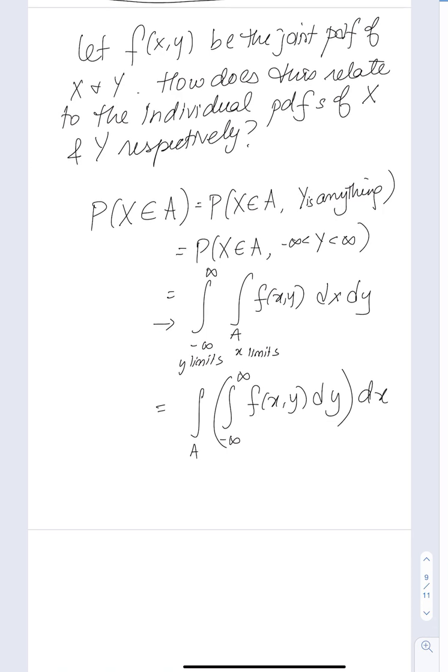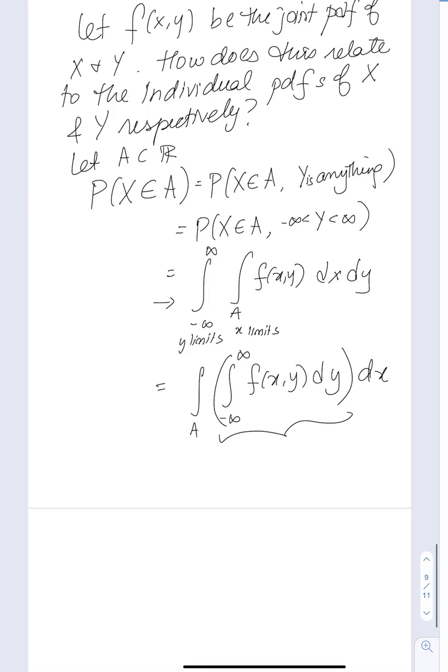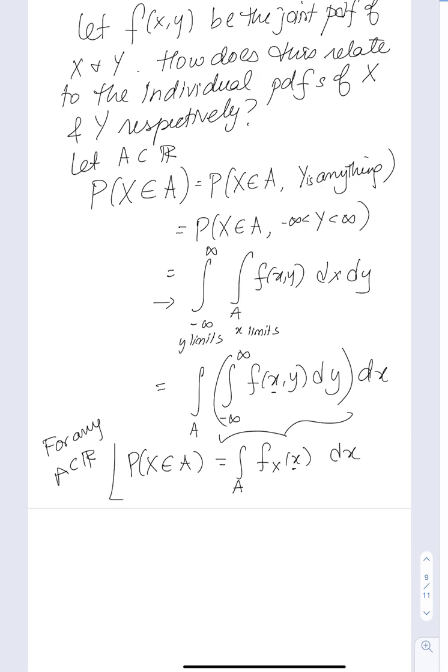Okay, so the probability x in A, for A any subset of the real line, is given by the integral over A of this guy. You see that? Let's call it f sub x, because when you integrate out the y, what remains is an x. So the probability x in A, for any A subset of the real line, is the integral over A of f sub x dx. What does that tell you?